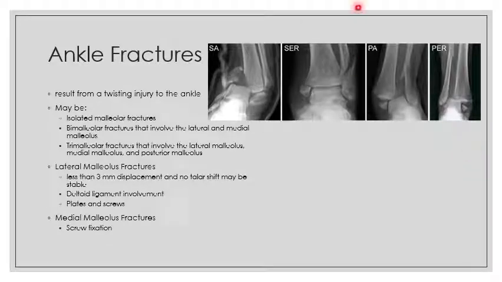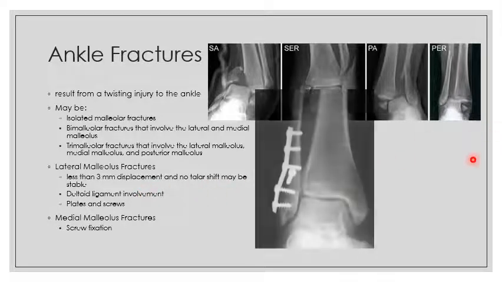So ankle fractures basically is a result of a twisting injury to the ankle in combination with your ankle dislocations. So it could vary from an isolated malleolar fracture, a bimalleolar fracture, or a trimalleolar fracture. So lateral malleolus fracture, basically there's less than 3 millimeter displacement and no talar shift could be considered stable.